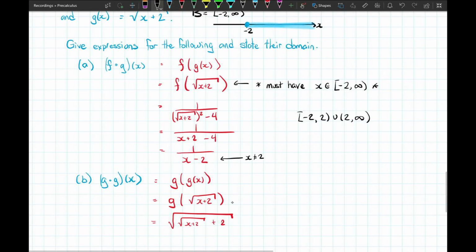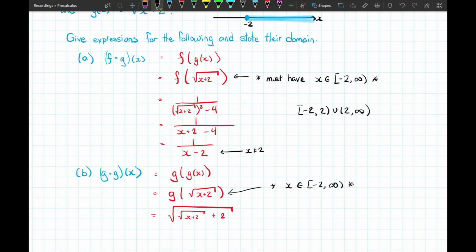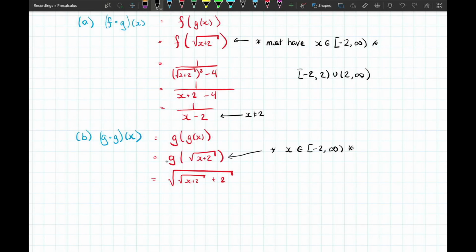All right, now remember at this particular step, before we plug root x plus 2 into g, we need to have x as a value from negative 2 to infinity. Now, as a result of square rooting the entire thing plus 2, at this particular step, we also must have the square root of x plus 2 added to 2 greater than or equal to 0.